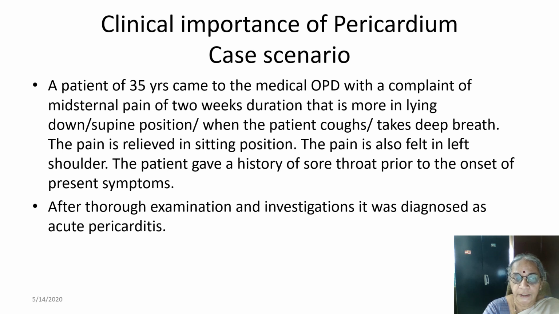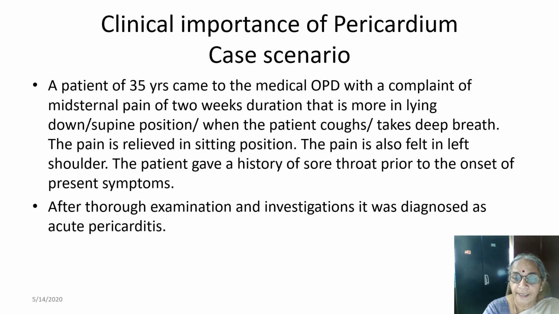So, a patient of 35 years age with a complaint of mid-sternal pain of 2 weeks duration. The pain is more in lying down or supine position, or when the patient coughs or takes a deep breath. The pain is relieved in sitting position.